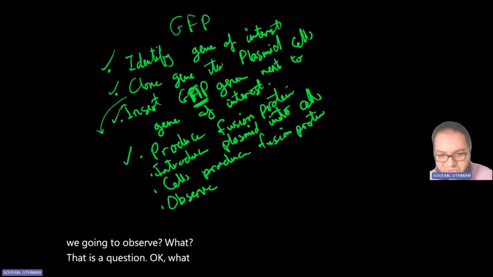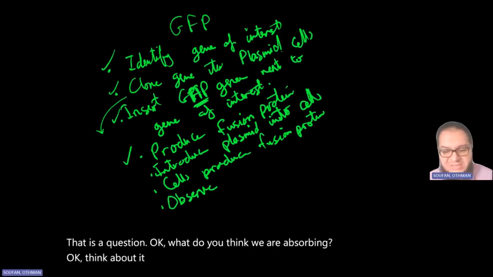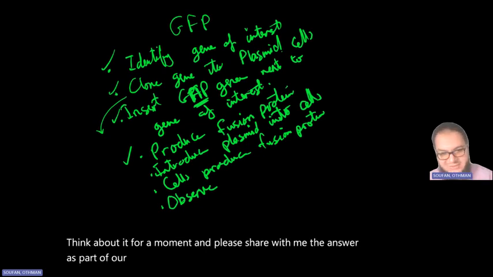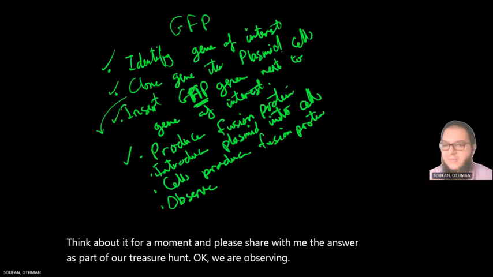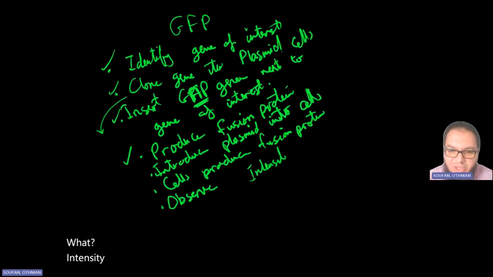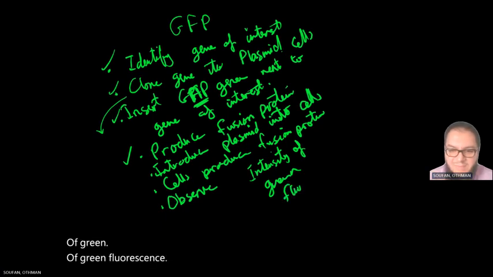What do you think we are observing? Think about it for a moment and please share the answer with me as part of our treasure hunt. We are observing the intensity of green fluorescence.